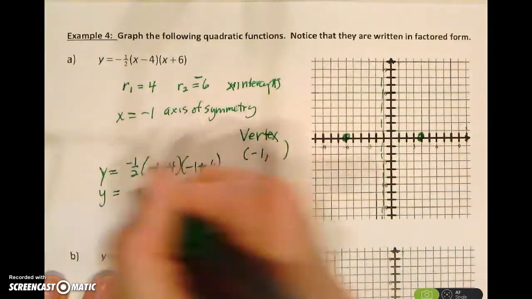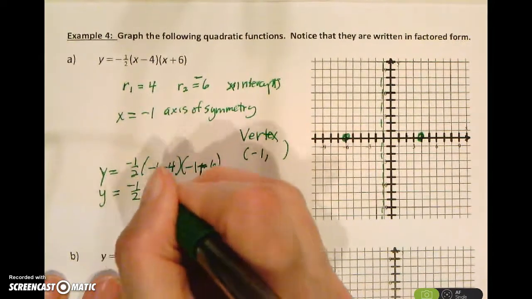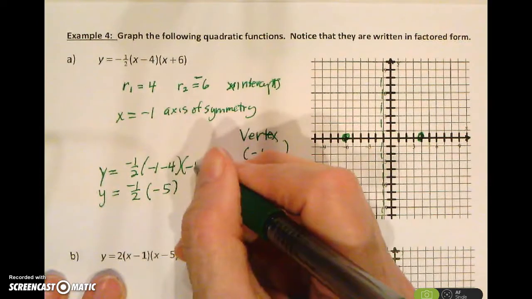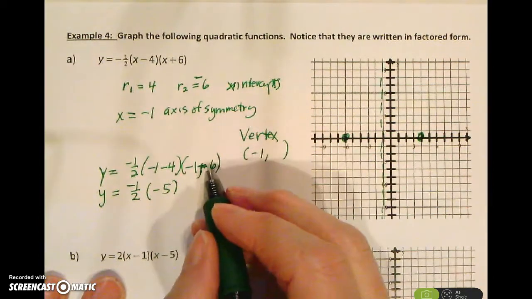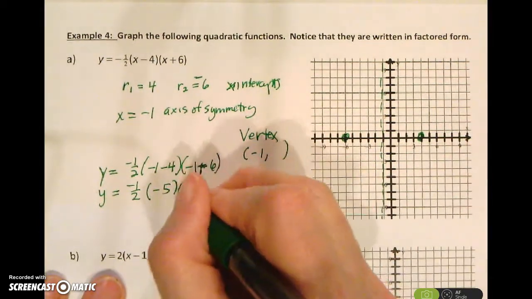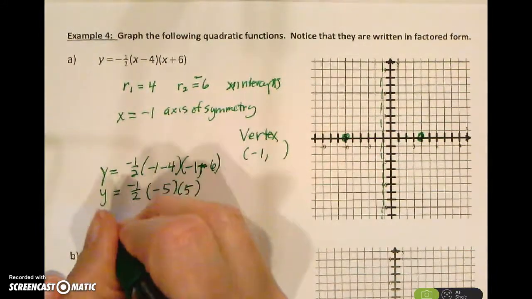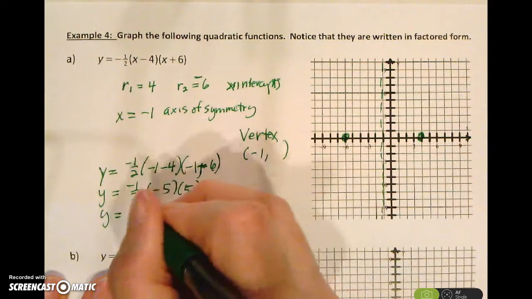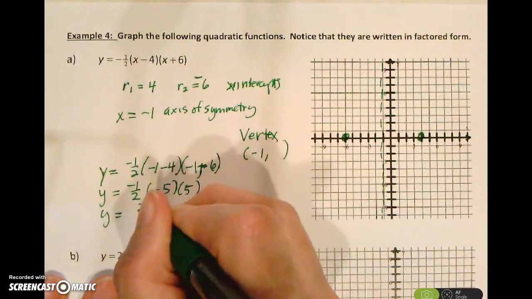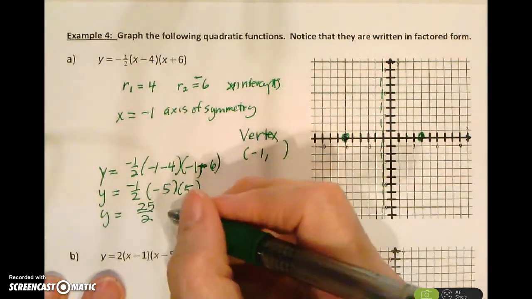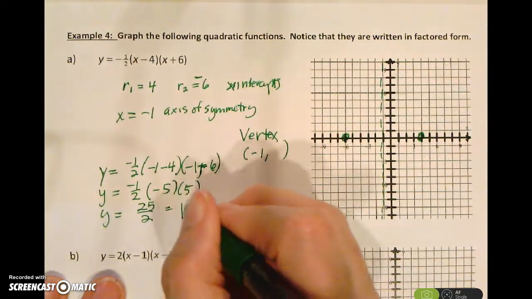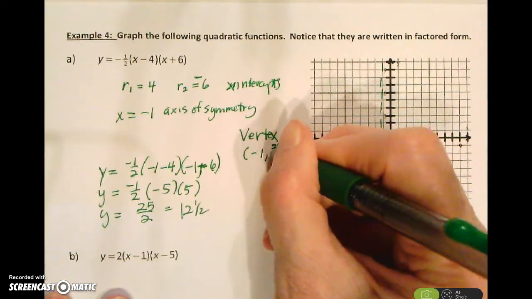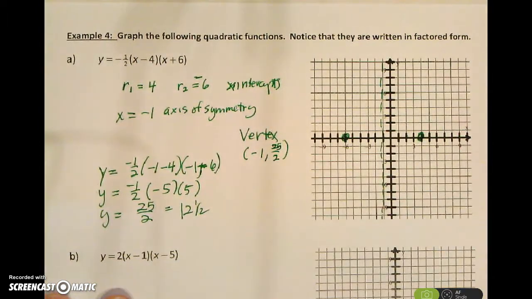So y is going to be equal to negative 1/2 times negative 5 and a plus 5. So y is going to be negative times negative, which is positive 25 over 2, which is about 12.5. I'll write 25 over 2 there because it's smaller.